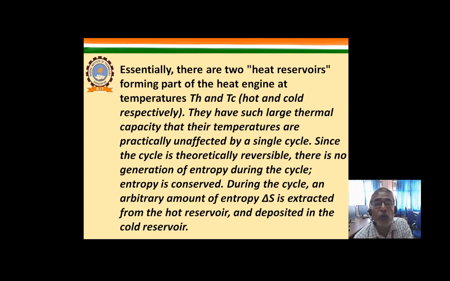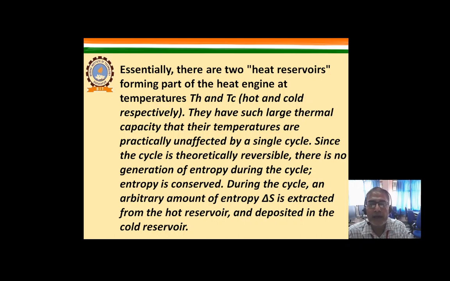Essentially, there are two heat reservoirs forming parts of the heat engine at temperatures TH and TC, hot and cold respectively. They have such large thermal capacity that their temperatures are practically unaffected by a single cycle.